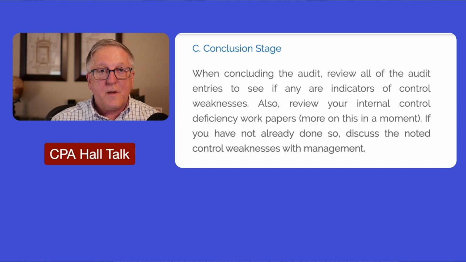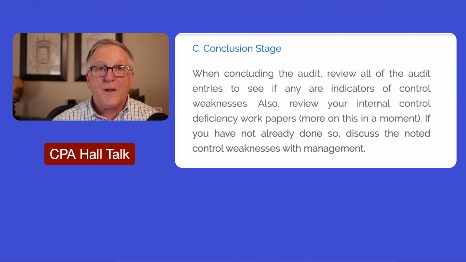When you get to this stage and you're going to communicate the internal control weaknesses, you want to make sure that you've got your top people doing this, because you're about to communicate control weaknesses that may reflect poorly upon management, such as the controller or the CFO or other people in accounting.